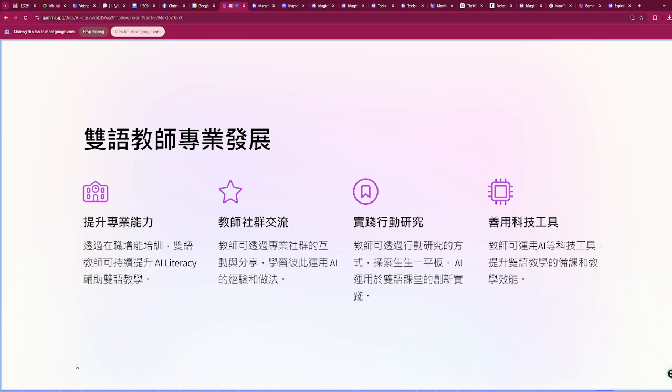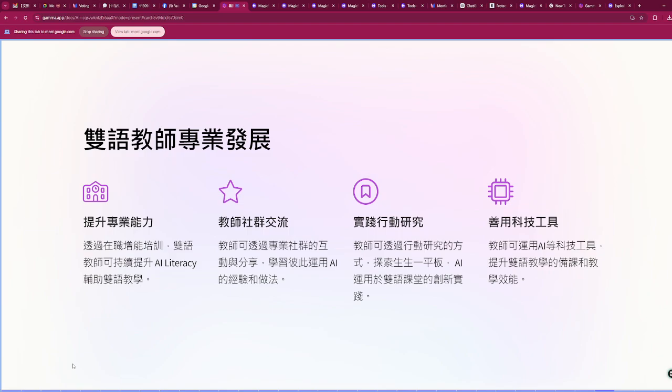I think this is a great opportunity where we come together and learn about MagicSchool and AI together. So I welcome any feedback. I would also like to read more on how AI is implemented into the classroom, not only for bilingual lesson planning, but also how students are using AI to learn.